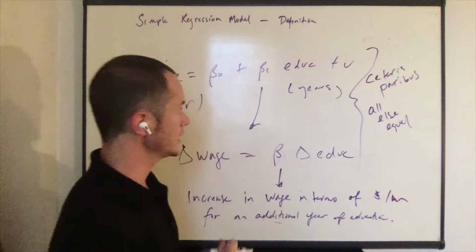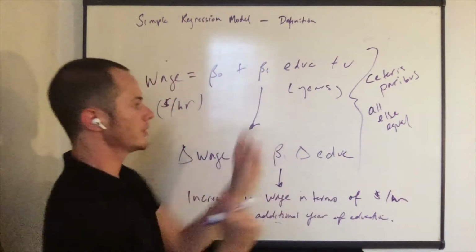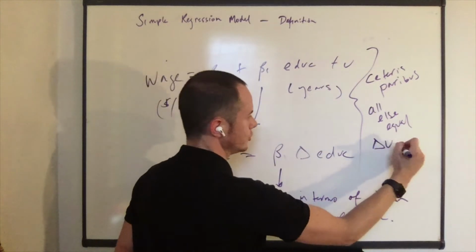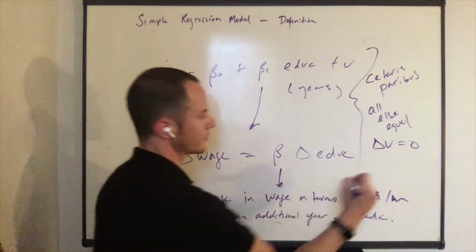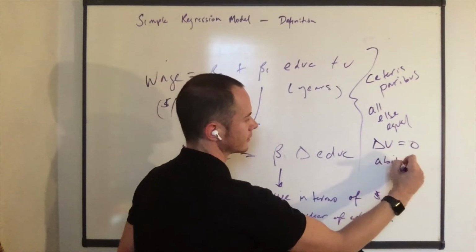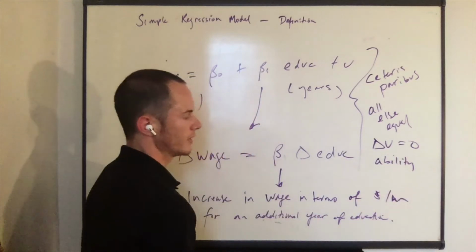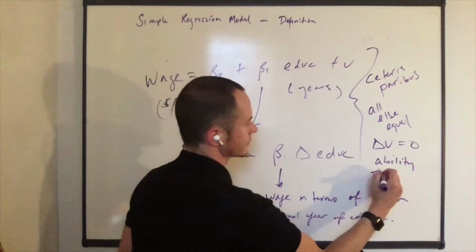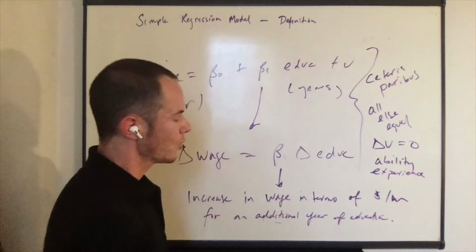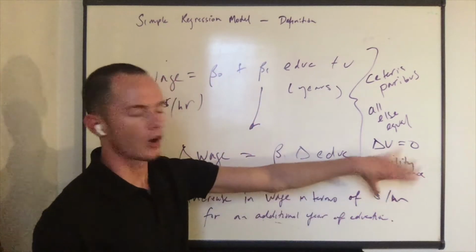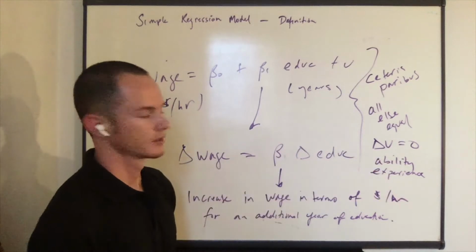When we say all else equal, what do we mean in terms of our equation? That's delta u equals 0. What might be contained in delta u? Things like ability, or experience. So we want to hold all of this other stuff constant.